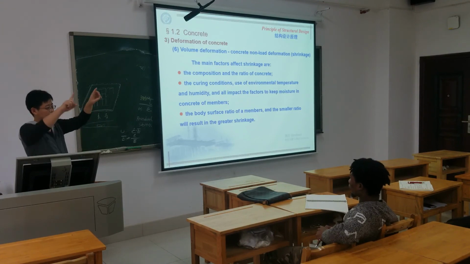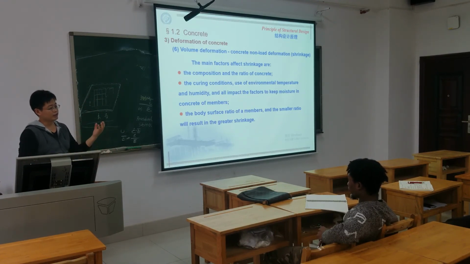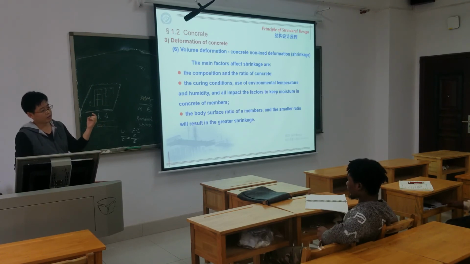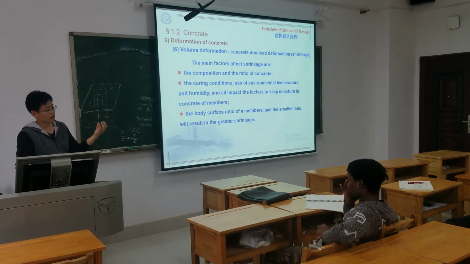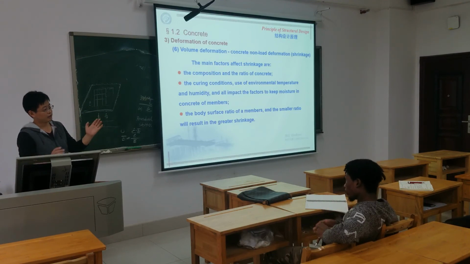Because of the large volume of concrete inside, during the hardening, the chemical reaction generates a large amount of heat energy. It will be very hot. And with this effect, the concrete will easily crack.